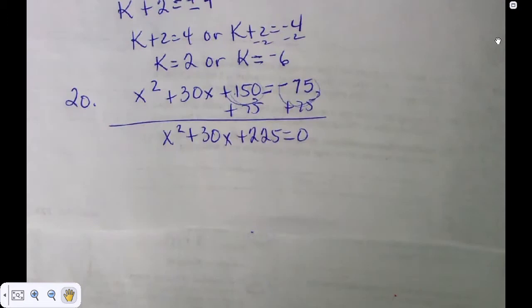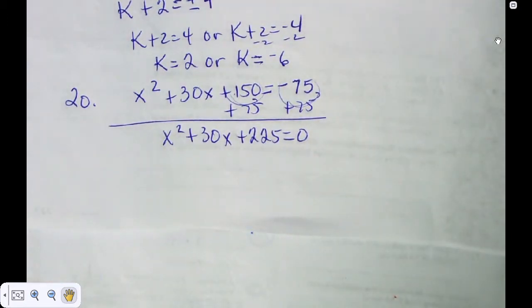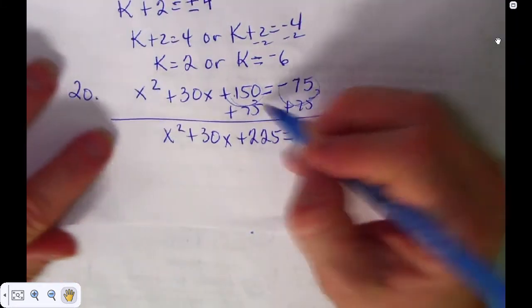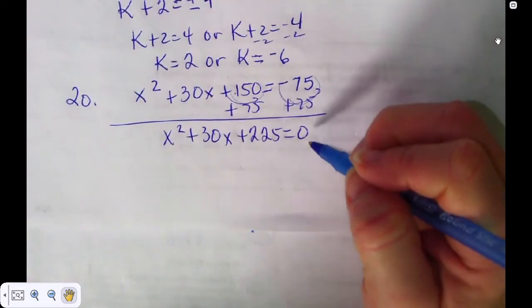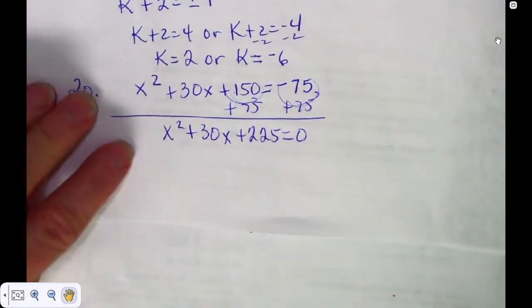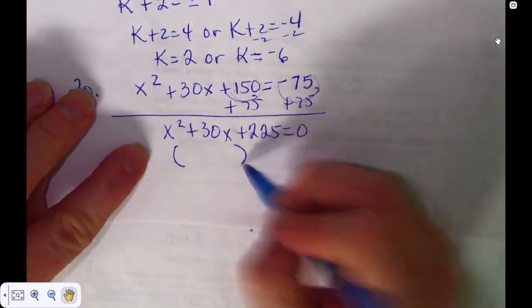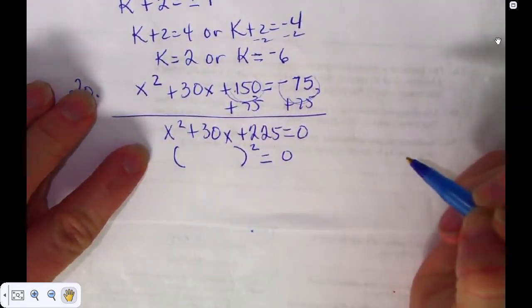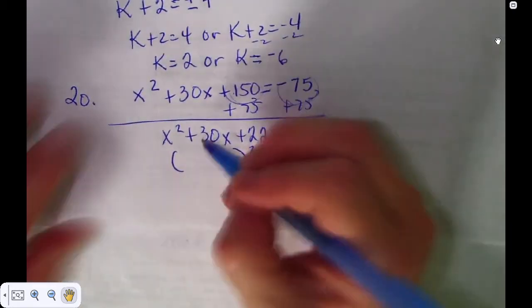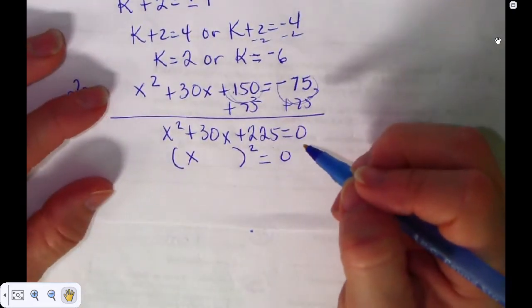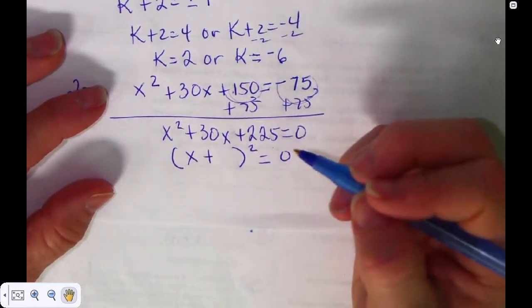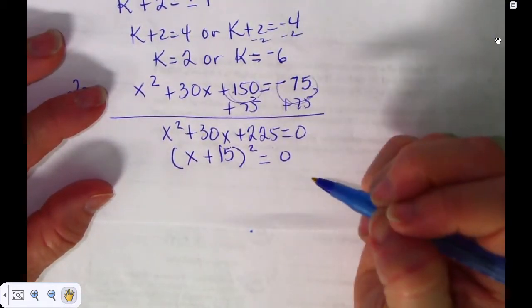Yes. So sometimes, guys, on this page you would think they're trying to get you to do the perfect square on either side. But sometimes it works out better to make it equal 0. And then that's going to be a perfect square trinomial. What's it going to be? X plus, good, plus 15 squared.